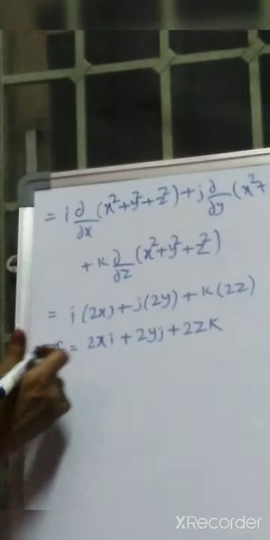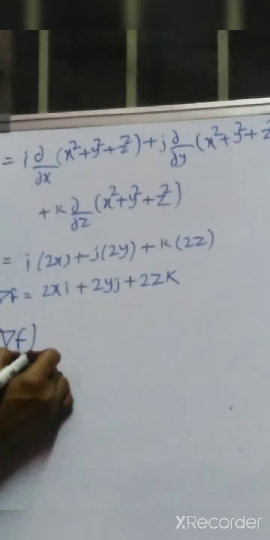Then we find the unit vector u. The direction vector is 2i plus 3j plus 6k. Here grad f is equal to 2x i plus 2y j plus 2z k.